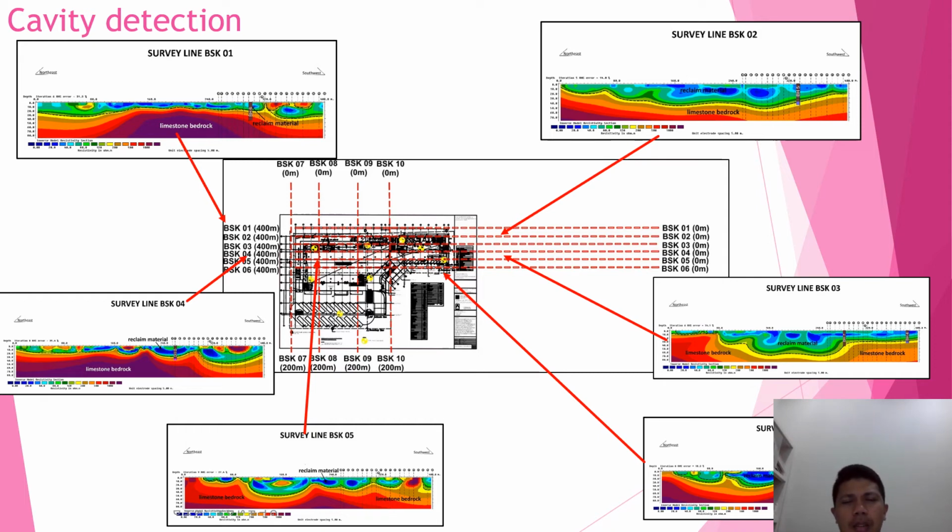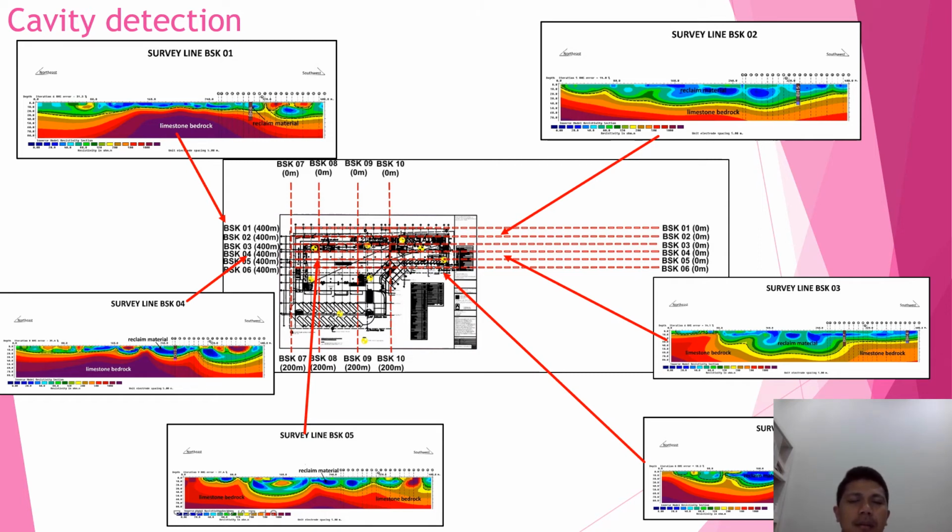We were really happy when we got this result. After we processed the data, we could confirm the result after they conducted several boreholes. Here we have some borehole locations, so we can interpret the result based on borehole data.